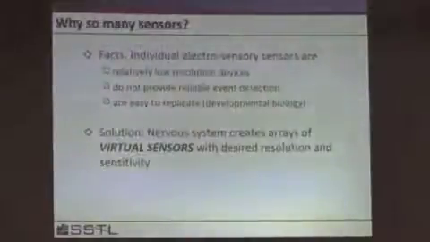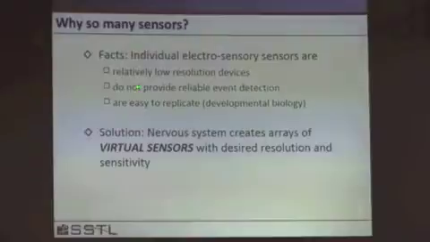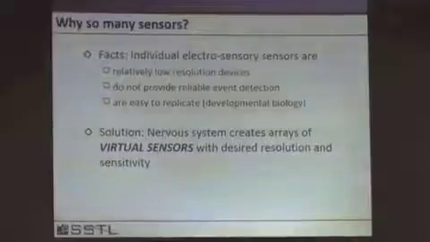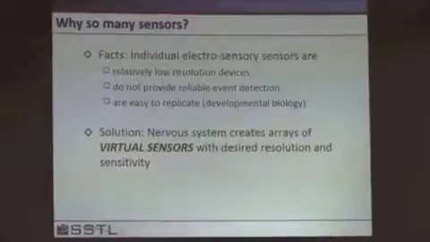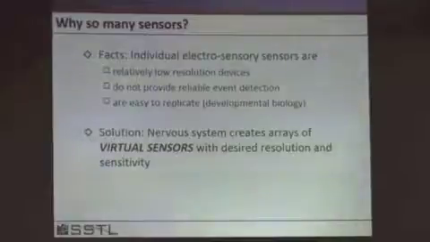And that's amazing. So the facts: the individual electrosensory sensors are relatively low-resolution devices. They do not provide reliable event detection, and they're easy to replicate. So what that means to me is that if I can figure out how this fish does this, then I can use cheap sensors on my structure and still get high-quality data. So what the nervous system does is it creates virtual sensors with the desired resolution and sensitivity using this data.